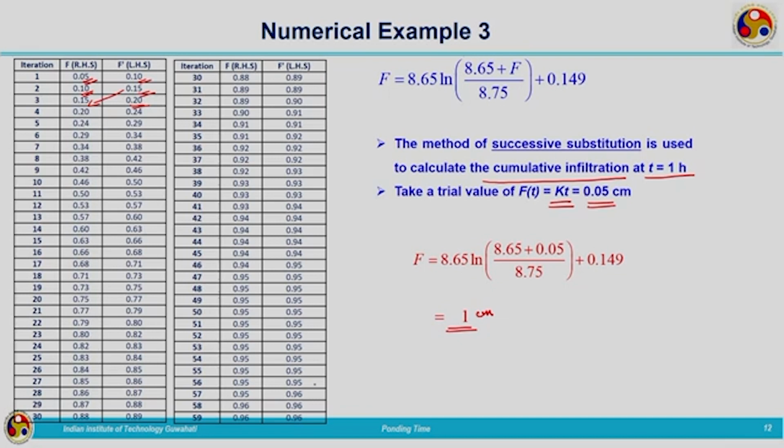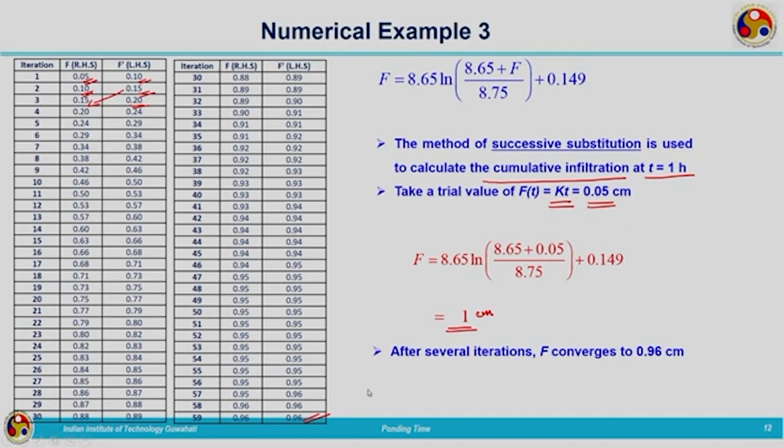Finally, we found an exact match at a value of 0.96. When 0.96 is substituted on the right hand side, we get the left hand side f of t as 0.96. So, we can stop when we get the exact match between both values. We can write that after several iterations F converges to 0.96 centimeters.